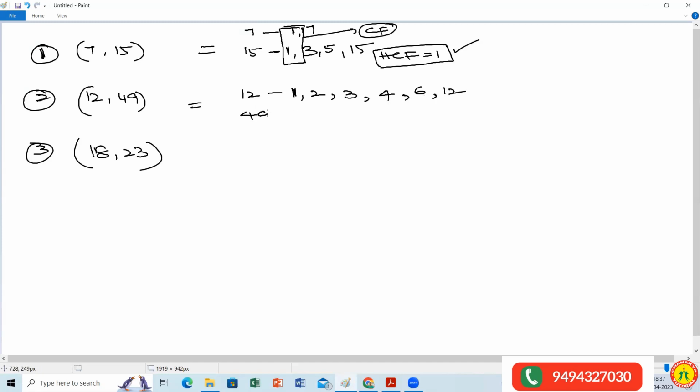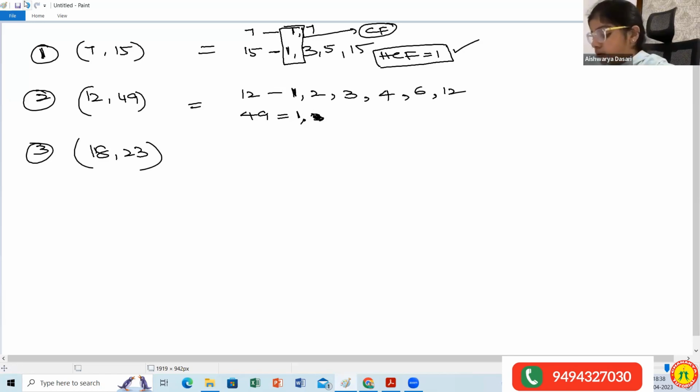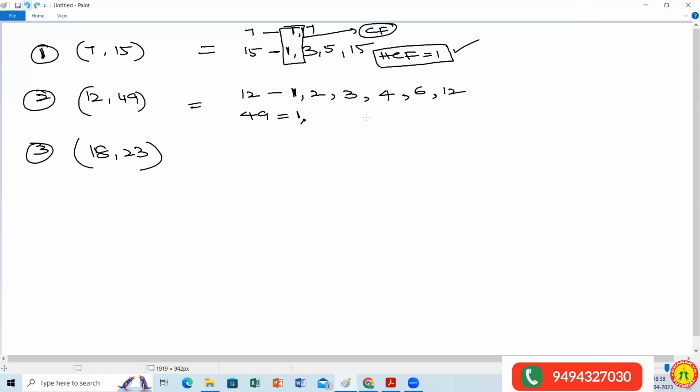Now coming to 49: 1, then 7, because 7 sevens are 49.